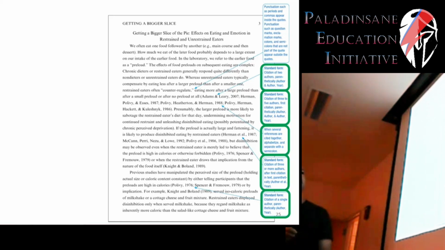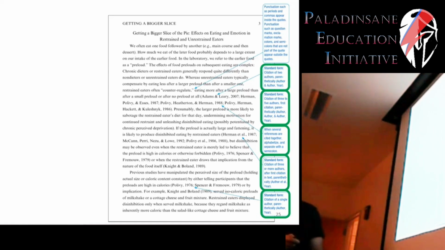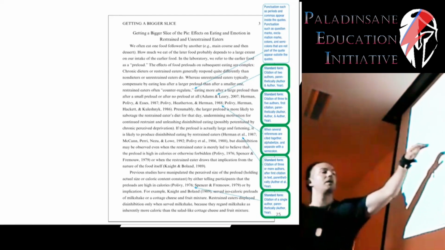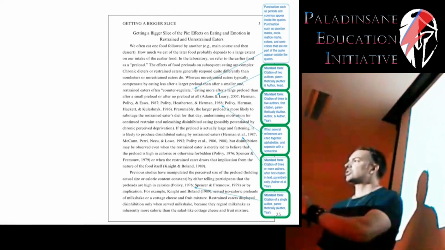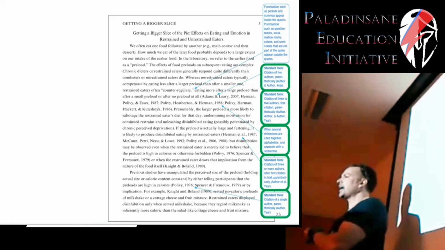This is not the author's idea. That's not their finding, that's not their work. Whose work is it? Well, it's Adams and Leary, it's Herman, Polivy, and Esses, it's Polivy, Heatherton, and Herman, Polivy, Herman, Hackett, and Kulschnick. It's their work. So we need to cite to show where we got our ideas from. And it's twofold. Number 1, we're giving credit.